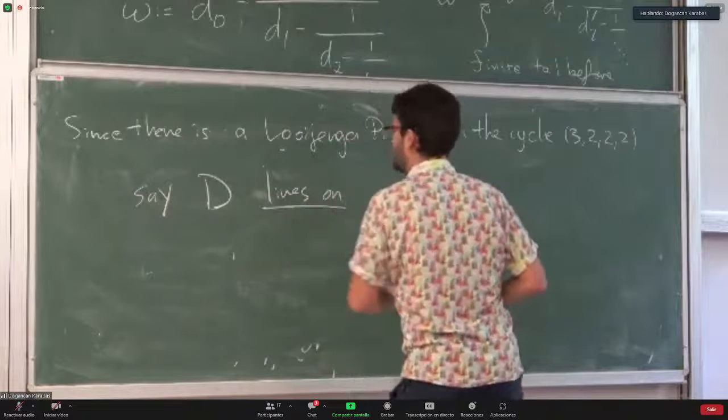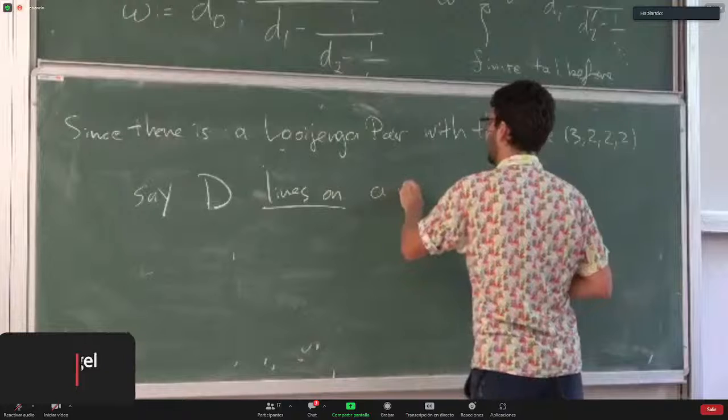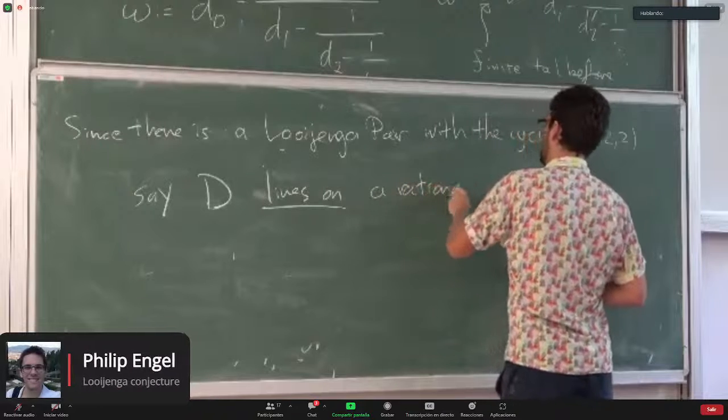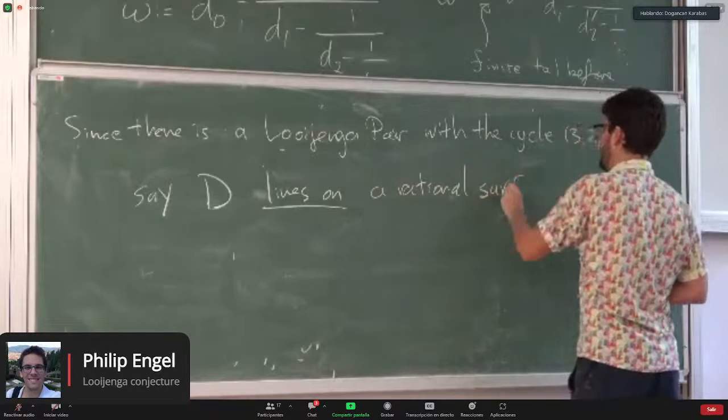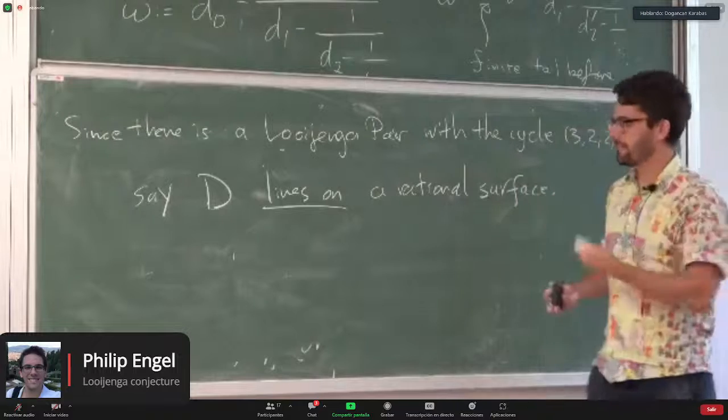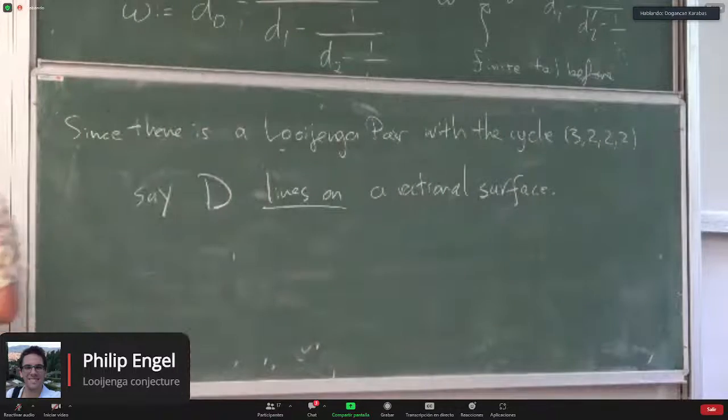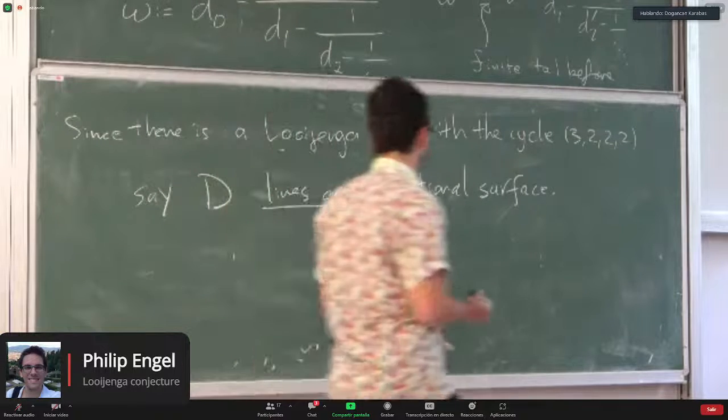Okay, this is my definition: lives on a rational surface. So concretely, what I mean is that the self-intersection sequence of D is realized by the self-intersection sequence of an anti-canonical divisor on some rational surface.